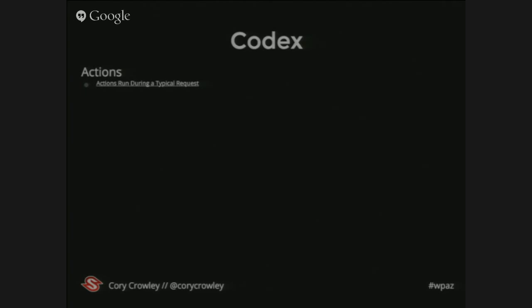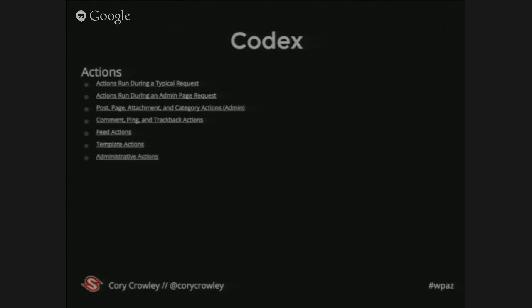These links will be in the slides, and we'll refer to them later, but I just want to give you a list of links, such as actions run during an admin page request, post, page, attachment, category requests, comment, ping, and trackback actions, feed actions, template actions, administrative actions, dashboard, right now, widget actions. I mean, there is an action for literally everything inside WordPress that you can hook into and change, or insert additional functionality.